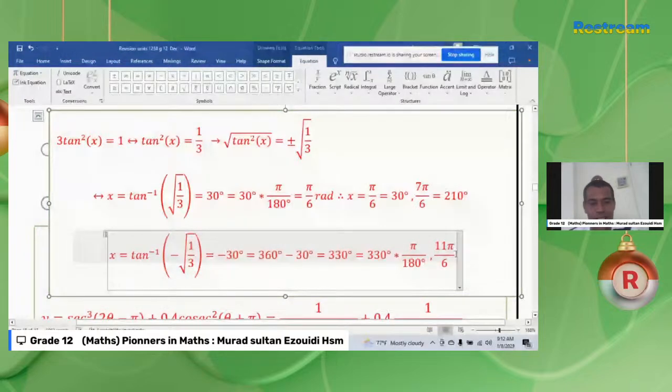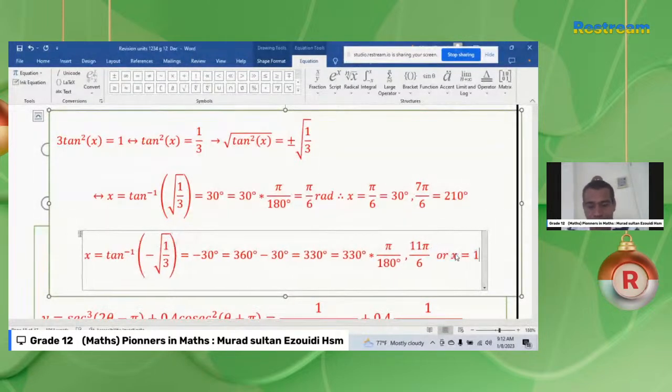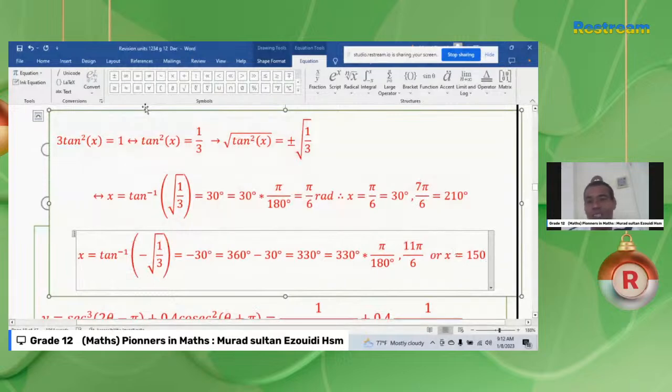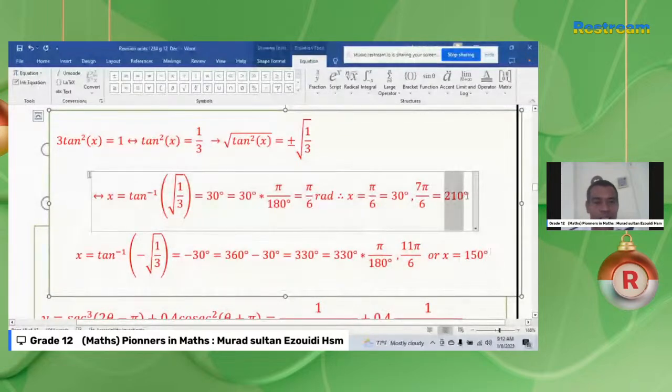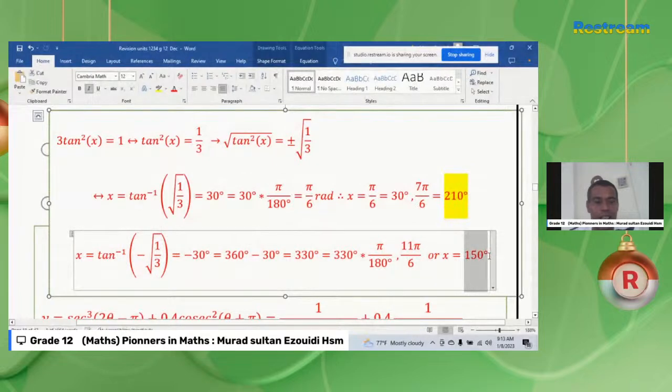Therefore, the correct answer is x equal to 150 degrees. The question is looking for the solution for this equation. You see 210 is the first solution. I will color it with a different color. And 150 is a solution of my equation in the interval, of course.